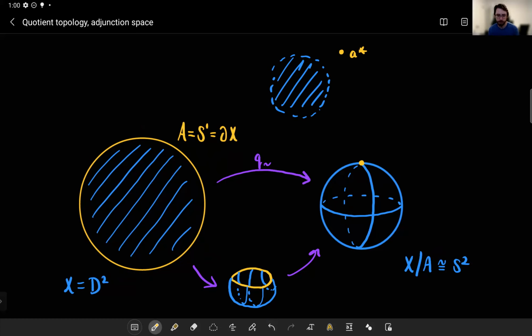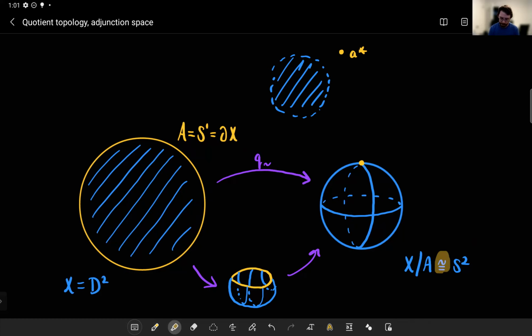Right, that's what my equivalence relation is. Every point on the interior stays where it is. Every point on the boundary gets condensed to a single point. So really, this map is just leaving the points on the inside unchanged, and then shrinking the circle to a point. But it turns out to be homeomorphic to the sphere.